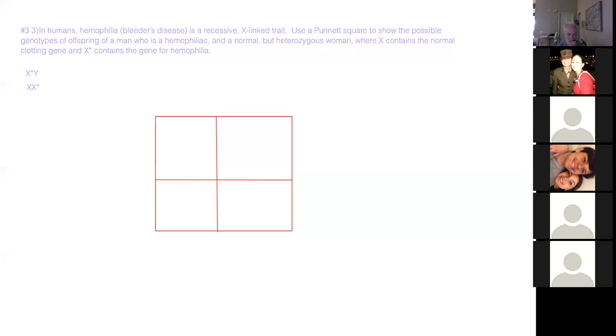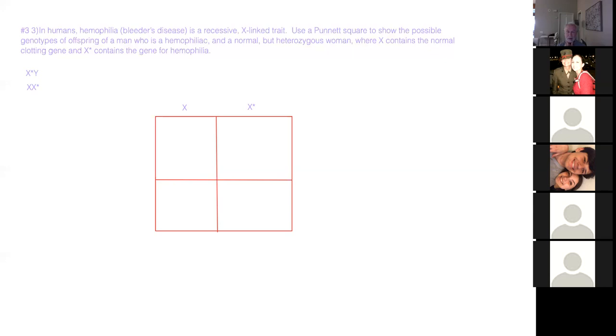So again, the X is just the chromosome we're looking for. These are slightly different than what we were doing earlier, which is why it's good to cover them, because they can be a little confusing. Something different about sex-linked is that you don't have uppercase and lowercase with the sex chromosomes.